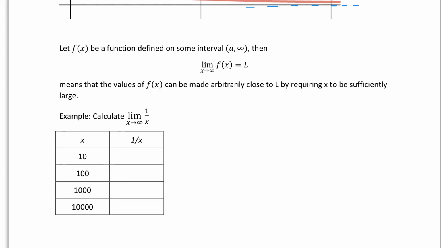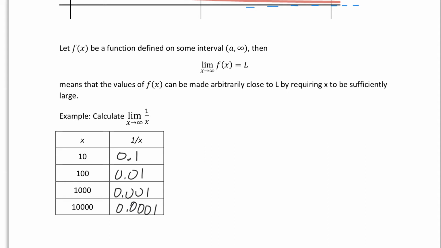Let's calculate the limit as x approaches infinity of 1 over x. So we could plug in, for example, x equal to 10, and that would give us a value of 1 over 10, which would be 0.1. You could use your calculator to check. Or 100 would be 0.01. 1,000 would be 0.001, and then 10,000 would be 0.0001.